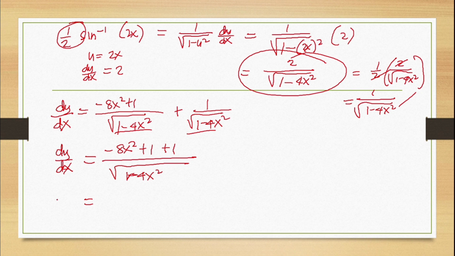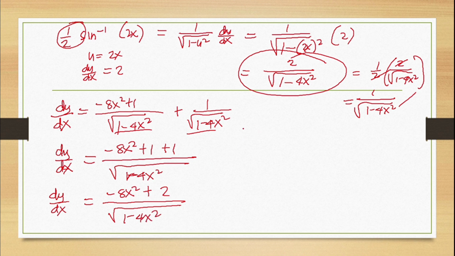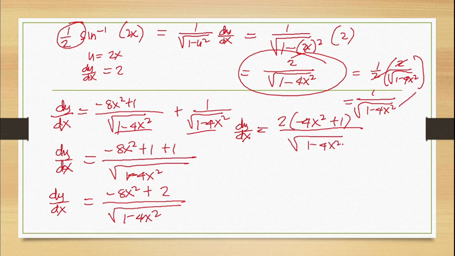So dy over dx is equal to negative 8x squared plus 2 over the square root of 1 minus 4x squared. So we could factor this one, dy over dx is equal to negative 4x squared plus 1 over the square root of 1 minus 4x squared.